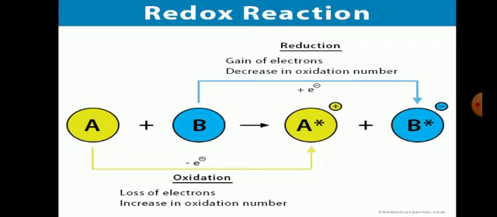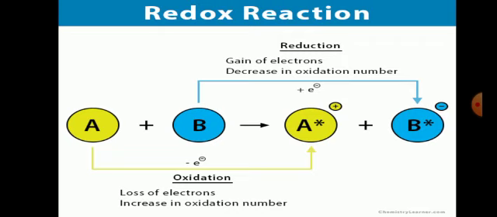Now let me move on with oxidation. Basically oxidation means you are adding something, right? Oxidation can also be explained in terms of oxygen, in terms of hydrogen, and in terms of electrons.